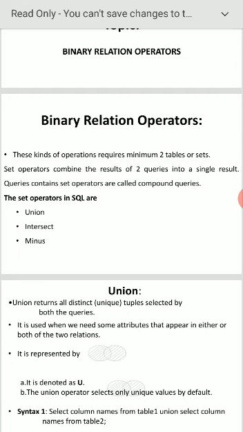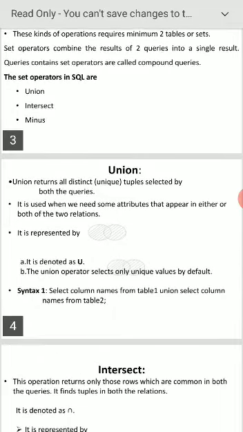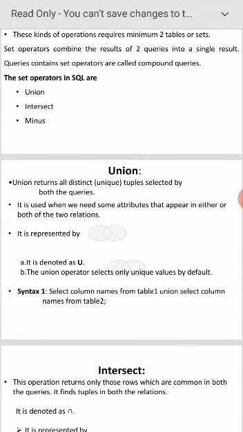Now let us see the set operators in SQL: union, intersect, minus. First let us see union. It combines two or more tables, two or more relations here. But it will not duplicate the data.